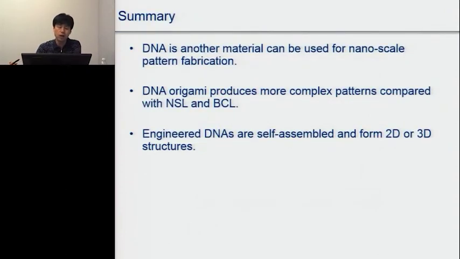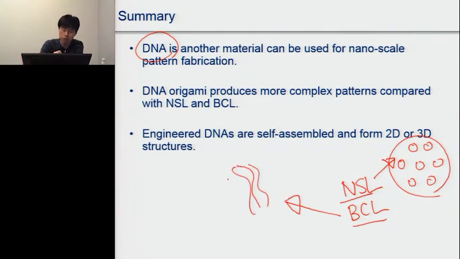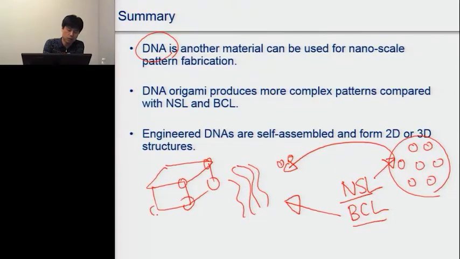So we talked about DNA origami in this lecture, and this is another lithography technology, or pattern transferring technology, using molecular self-assembly. Simply comparing with the other two technologies, nanosphere lithography only offers the dot patterns, which are hexagonally arranged, and block polymer lithography offers a little bit more, like lamellar structures and hexagonal structures, and it also offers body-centered cubic structures.